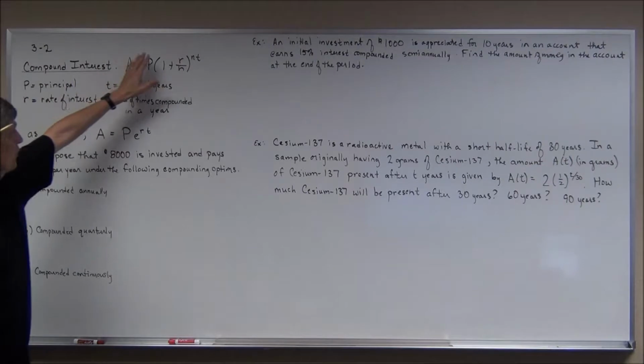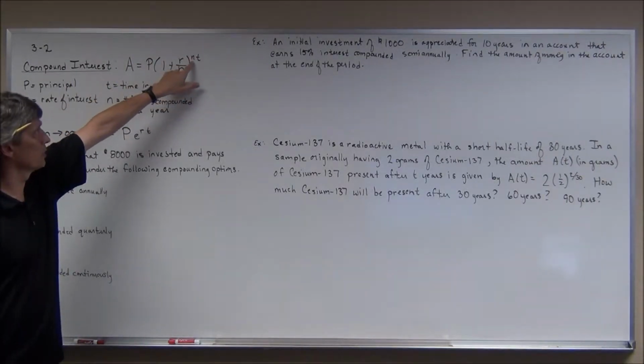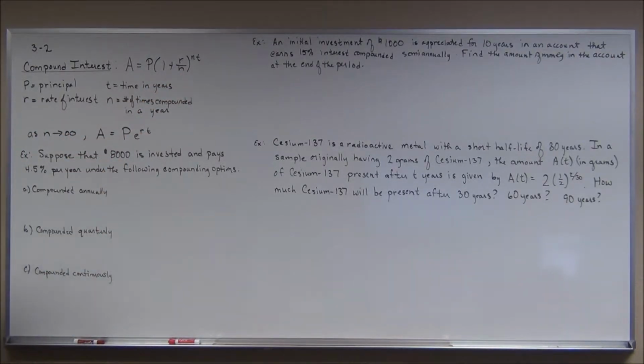Now, if you take this formula here, and you let the number of times it compounds, which would be here and here, increase and increase, so it's compounded quarterly, then monthly, then weekly, then daily, then hourly, and every second, and you let that get big without bound, then what we have is called continuous compounding.